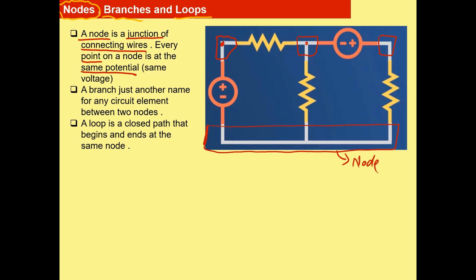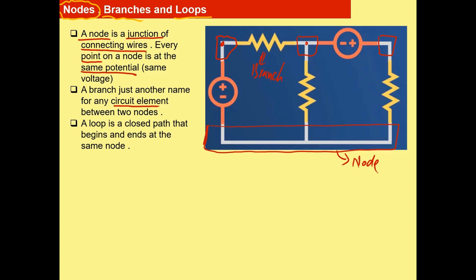And the branch we need to understand: a branch is just a fancy name for a circuit element between two nodes. You see we have one node here and another node here. Between these two nodes we have a circuit element, and this is a branch.